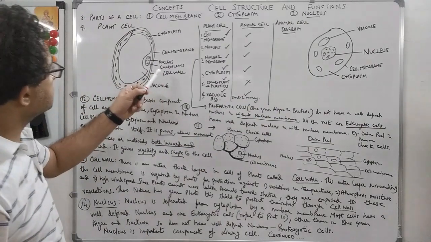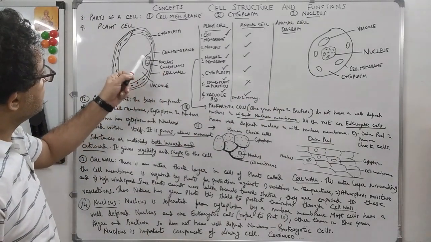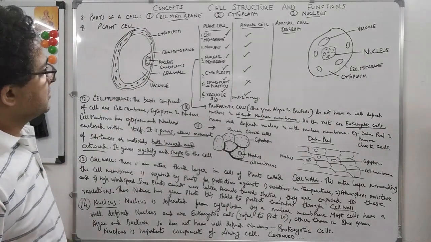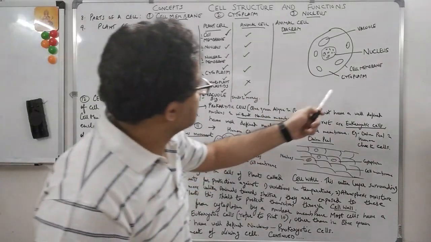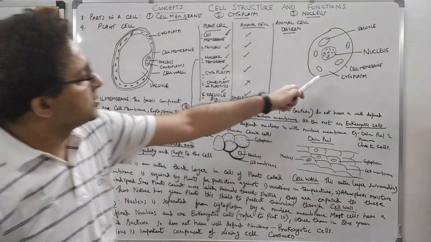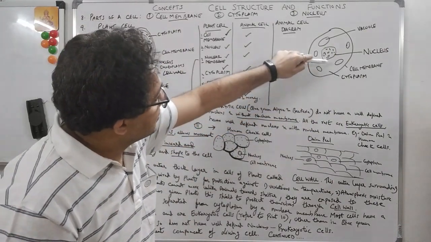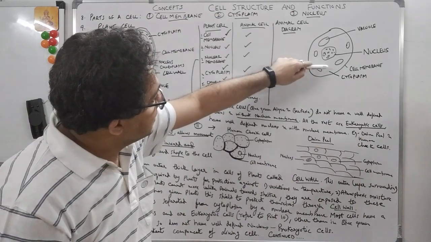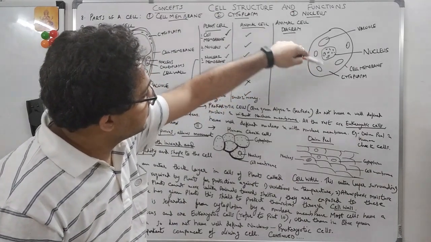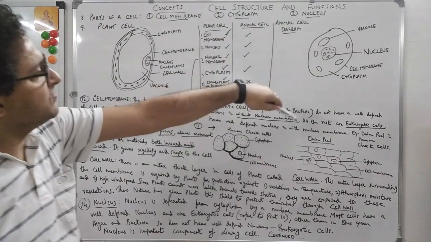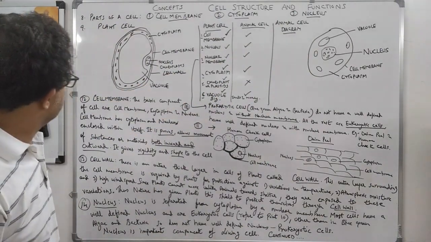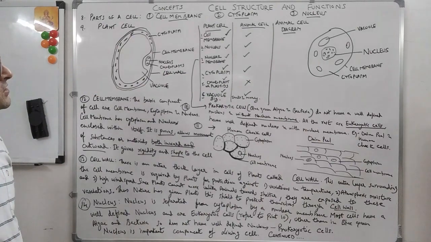Here also inside the cell membrane you have the nucleus and a cytoplasm. Cytoplasm is also there. This is cytoplasm. This is the nucleus, and between the nucleus and cell membrane there will be certain structures inside the cytoplasm. I'll explain cytoplasm. Okay, so have a look at the diagram.